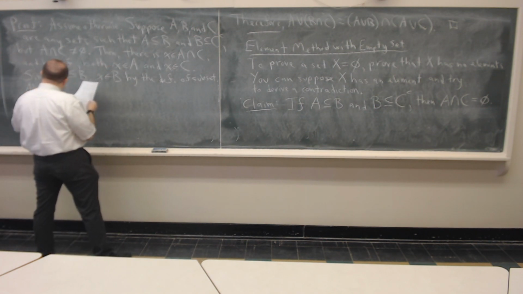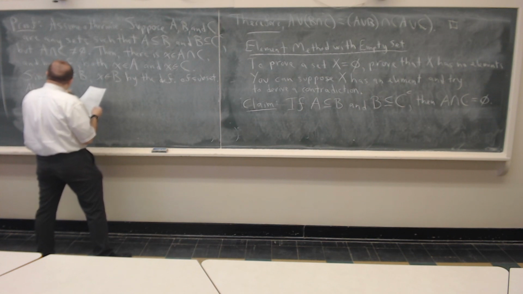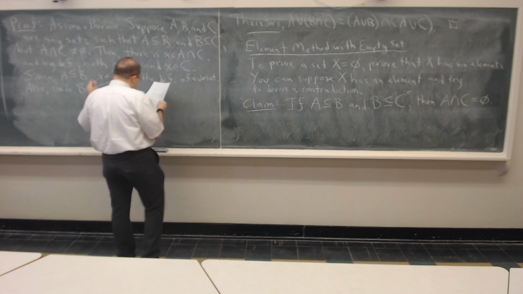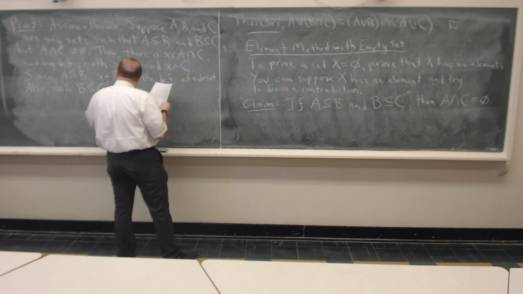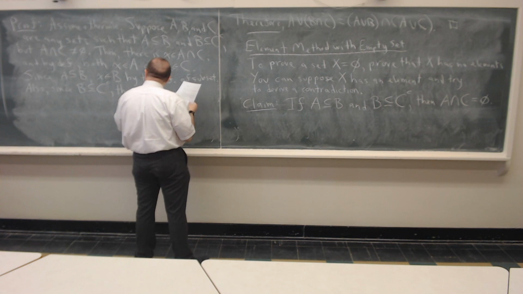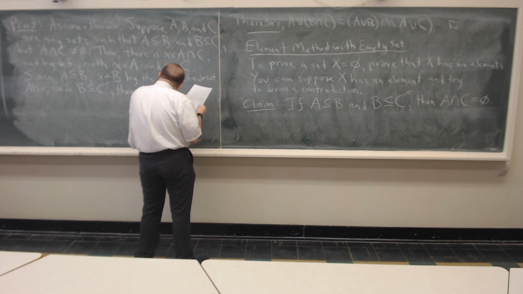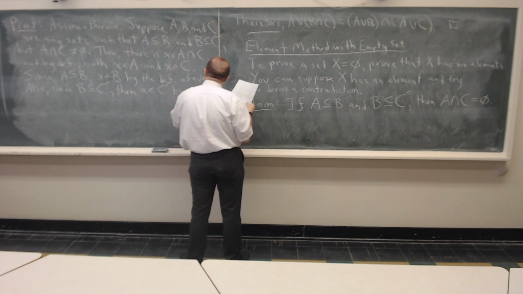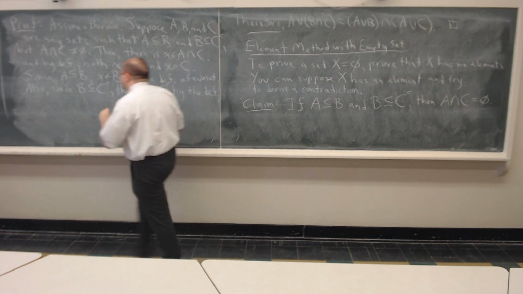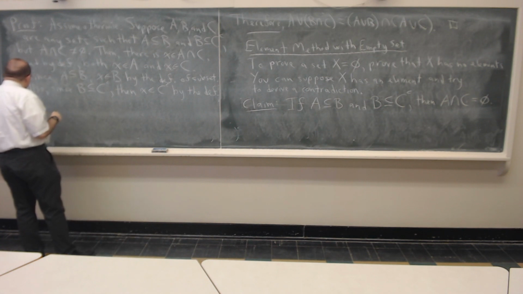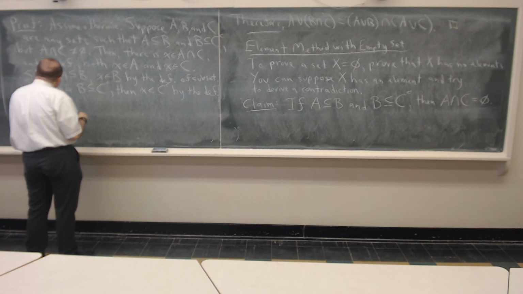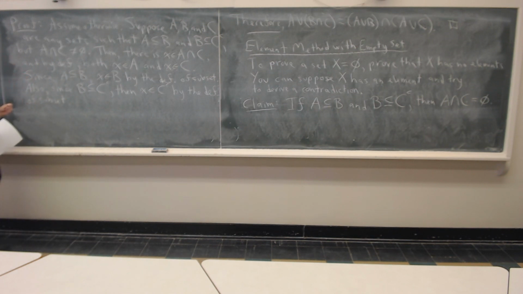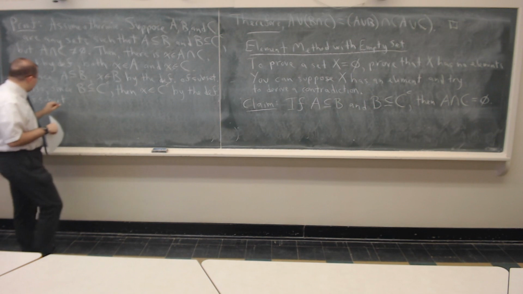Also, since B is a subset of C complement, then x is an element of C complement by the definition of subset. You might even look at this and say, hey, that looks awfully like the transitivity property we were talking about earlier, right?